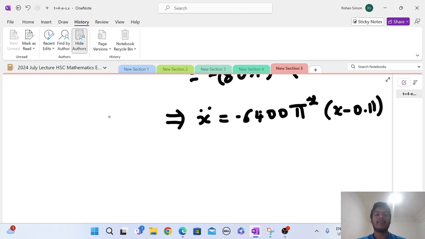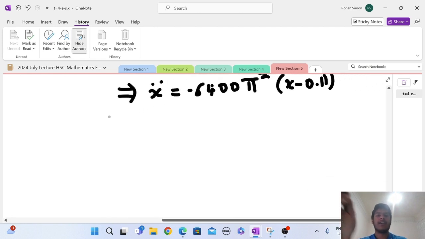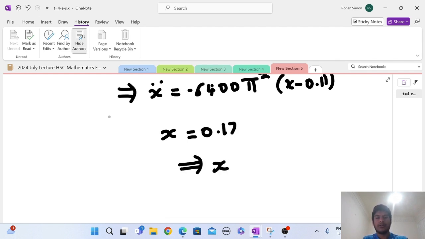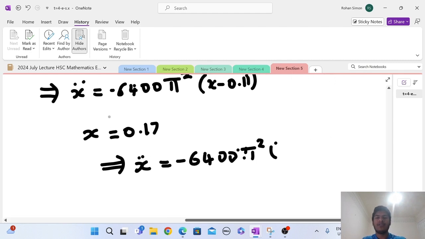And so let's take the maximum value. So x equals 0.17, for example, implies that x double dot equals minus 6,400 pi squared times 0.17 minus 0.11.